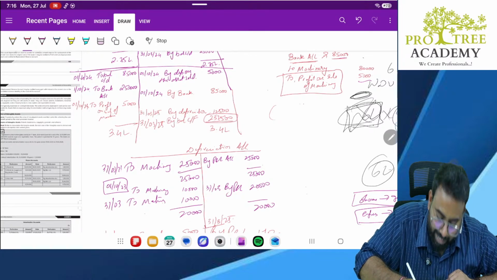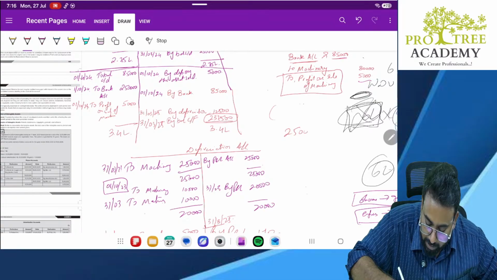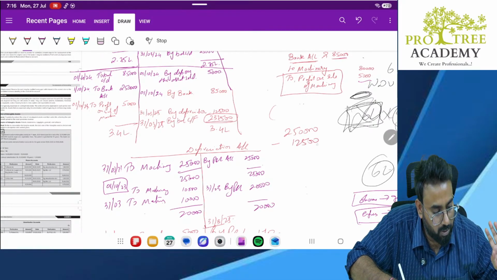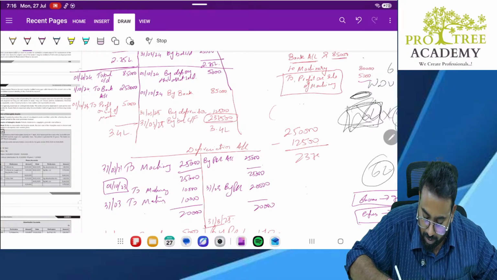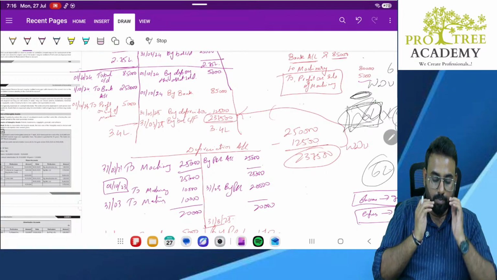If you observe correctly, this figure 2,37,500 is nothing but the asset which was purchased in the current year. How much is it? 2.5 lakh minus depreciation on that, 12,500. What is remaining? 2,37,500. This is WDV of the asset. This WDV only should come here, no? As a balancing figure. That is it.